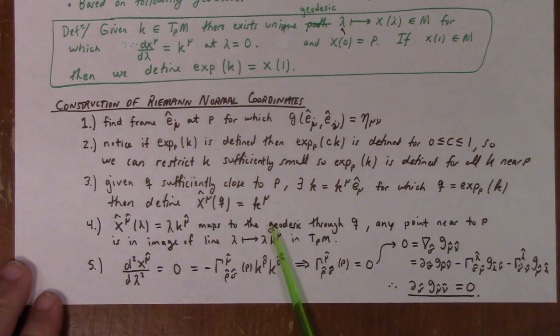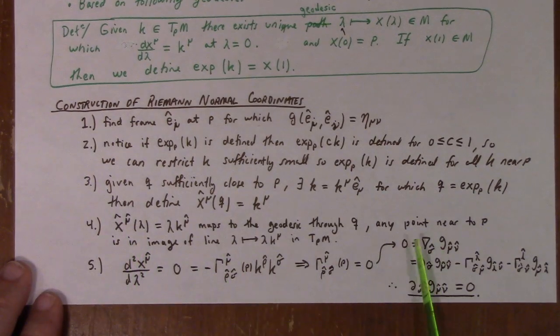That seems like a reasonable assumption. So then, given q sufficiently close to p, there exists some vector in the tangent space which maps to q. And so we can define x hat of q equal to k mu. The geodesic that maps through q has these as its coordinates.